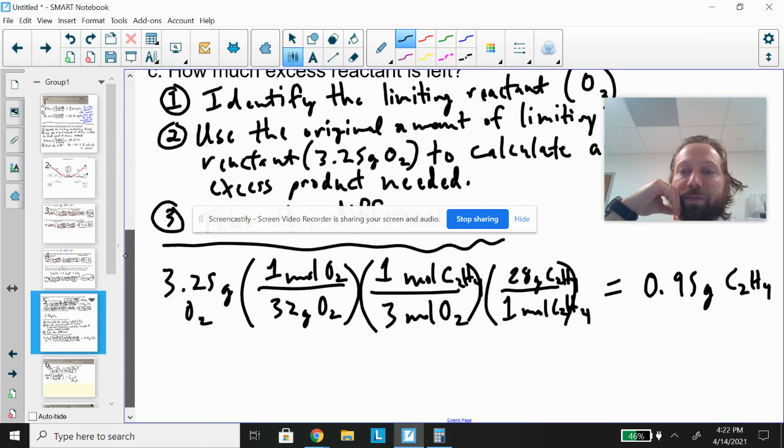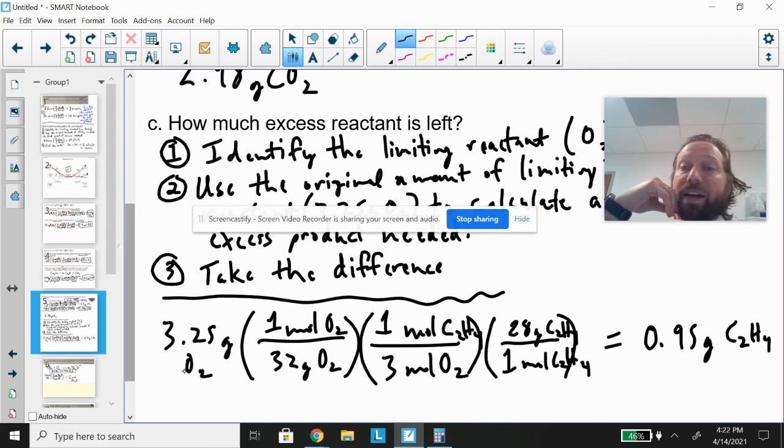What does that mean? That means that if I use up 3.25 grams of O2 completely, I will need 0.95 grams of C2H4. Once I use up that 3.25 and that 0.95, that's it. There's no more oxygen left to react.